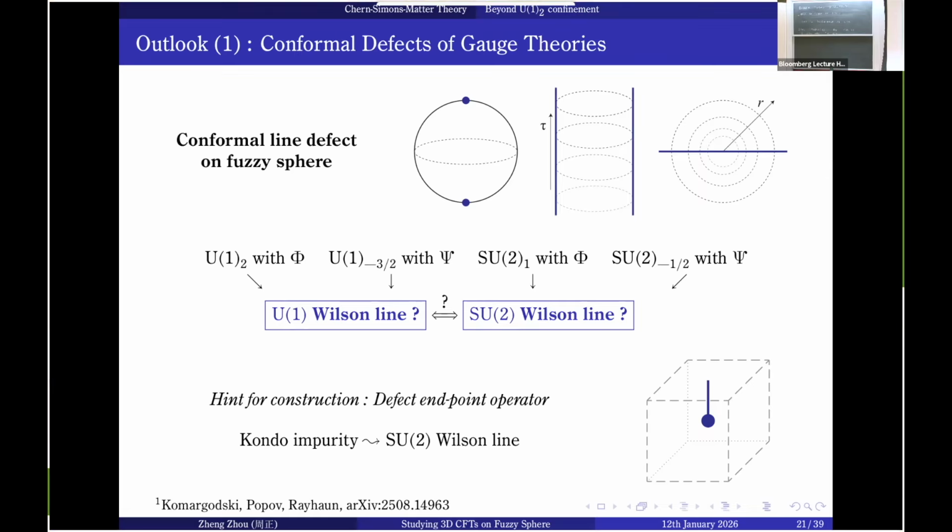So for the defect on the fuzzy sphere, we can still interpret it as the radial quantization of a defect configuration, so that we can still make use of the state-operator correspondence. And you cannot do this for, for example, a defect on a lattice. You cannot interpret it as radial quantization. You cannot make use of such nice properties of CFTs.